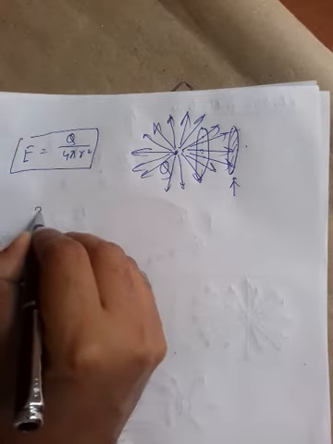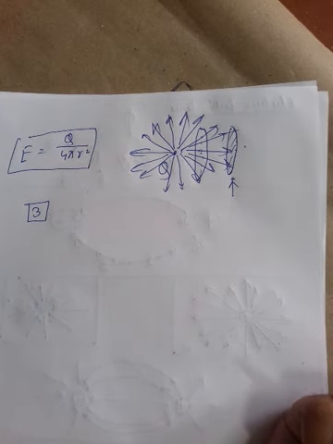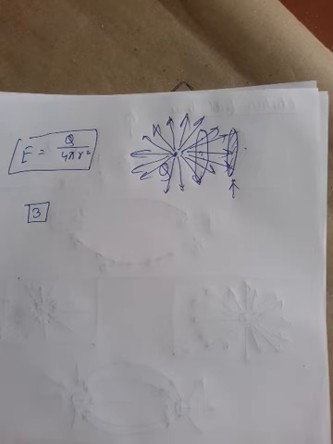So the third point of electric lines of force, please note the third point, right? The density of electric lines of force or field lines, that is the number of lines of force per unit area, gives the strength of the field.